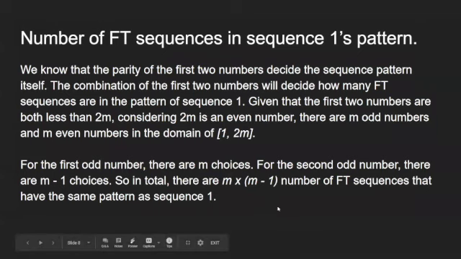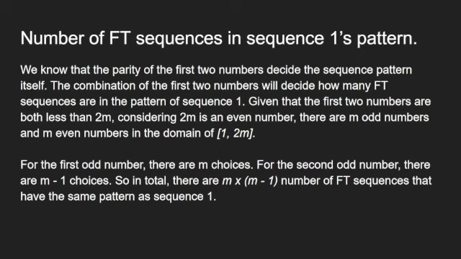So for the number of ft sequences in sequence 1's pattern, we know that the parity of the first two numbers, which is again whether it's odd or even, decides the sequence pattern itself. So the combination of the first two numbers will decide how many ft sequences there are in the pattern of sequence 1.